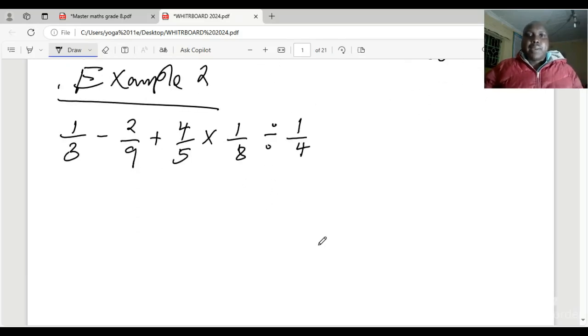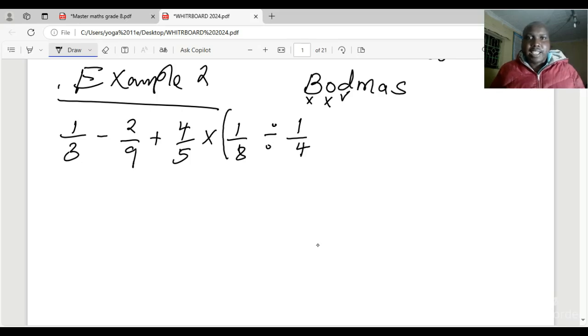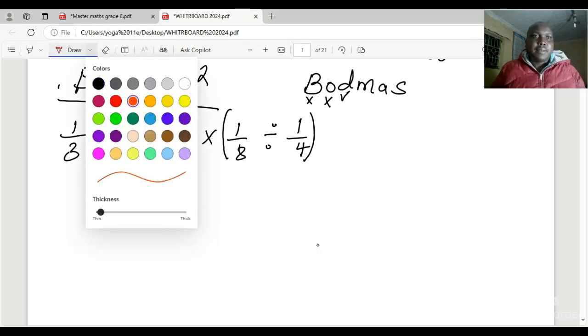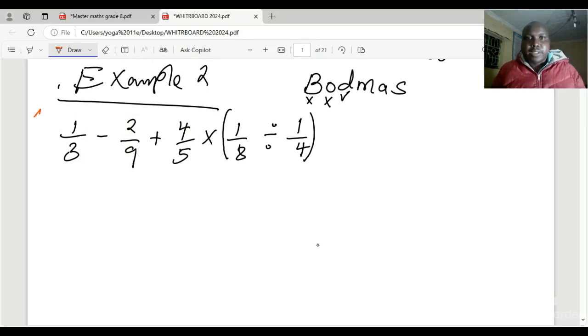Now let's do step by step. Always write down the word BODMAS to remind you that the first one is bracket, of, division, multiplication, addition, and then subtraction finally. So where do we start? We don't have brackets, we do not have of, so we start from division. Now our division is here. We start there.